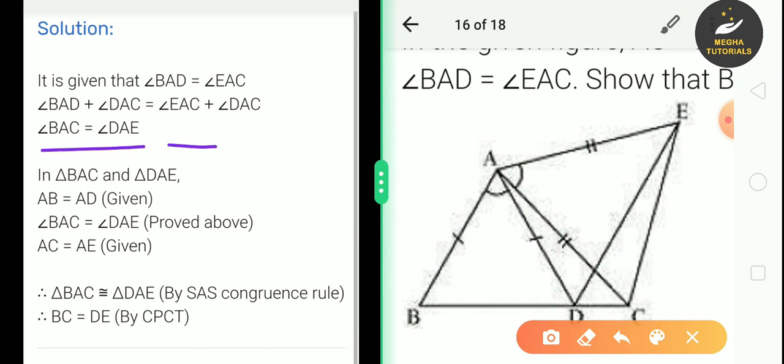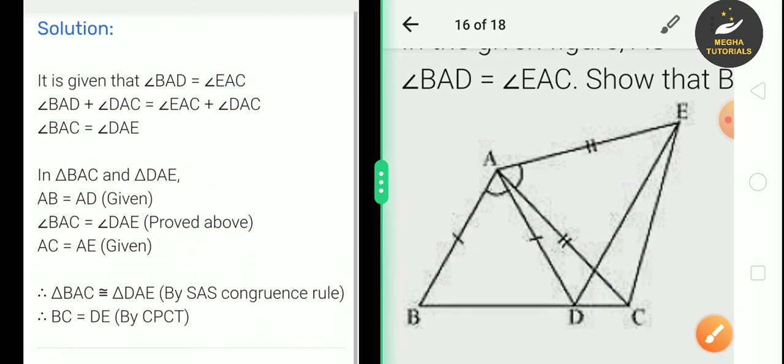Write this as equation 1. Now consider two triangles, triangle BAC and triangle DAE. It is given that AB is equal to AD. Angle BAC is equal to angle DAE from equation 1, and also it is given that AC is equal to AE. Now select any one triangle. We are selecting triangle BAC.